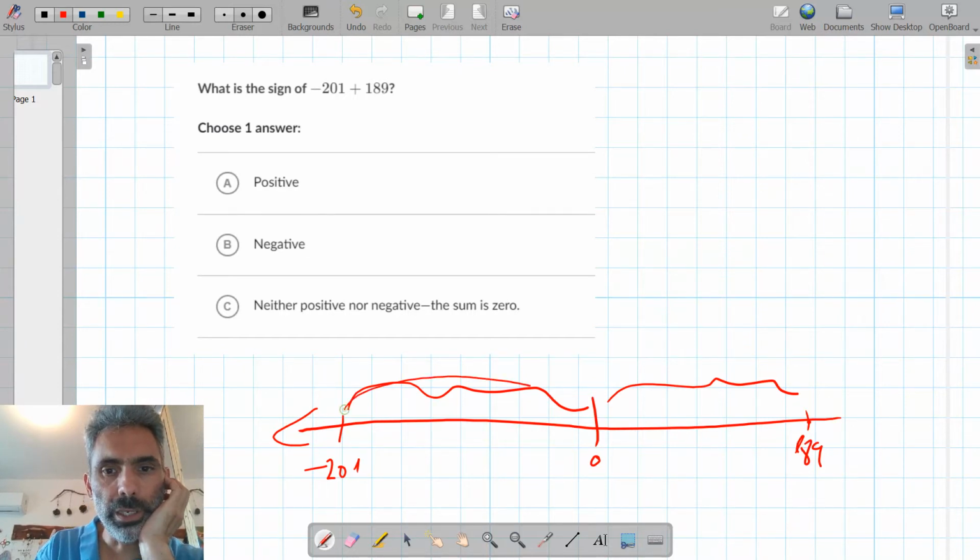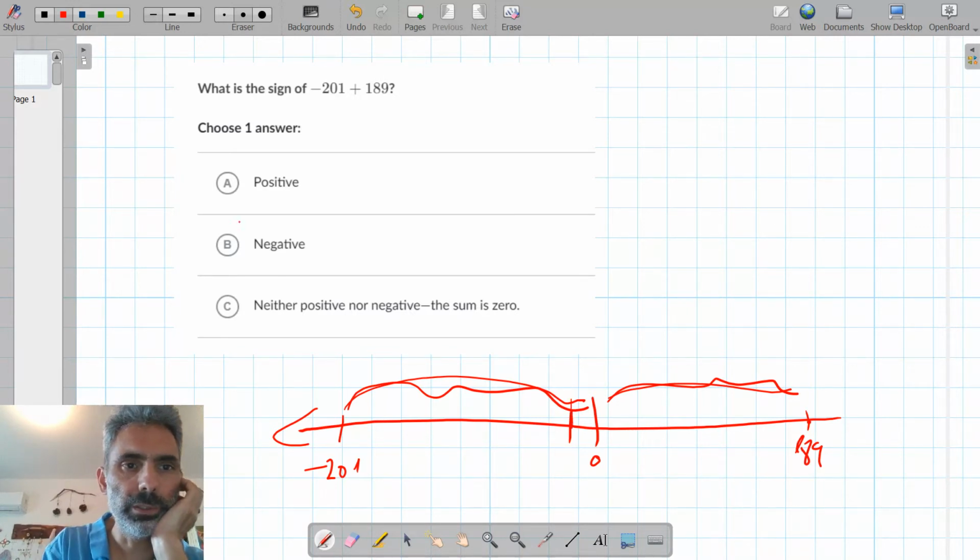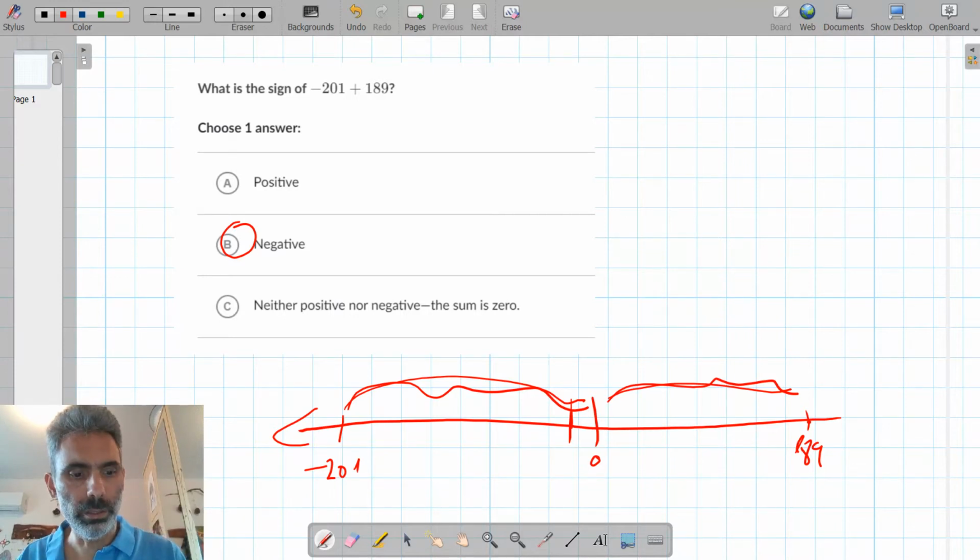Then if we combine this segment and this segment, we will end up beneath the 0 or to the left of 0. So the answer is negative.